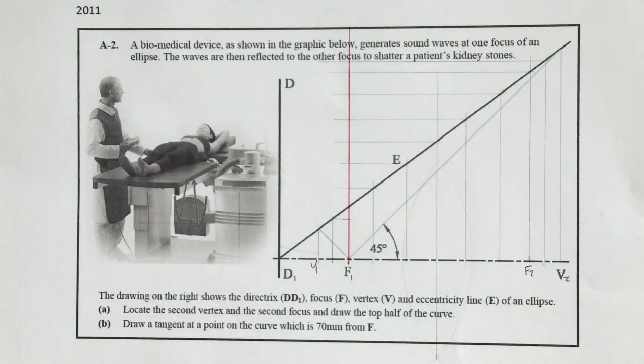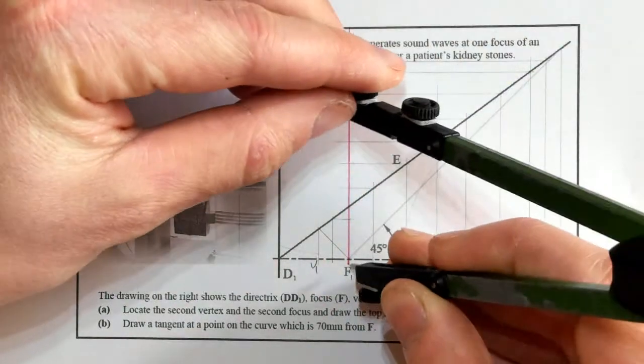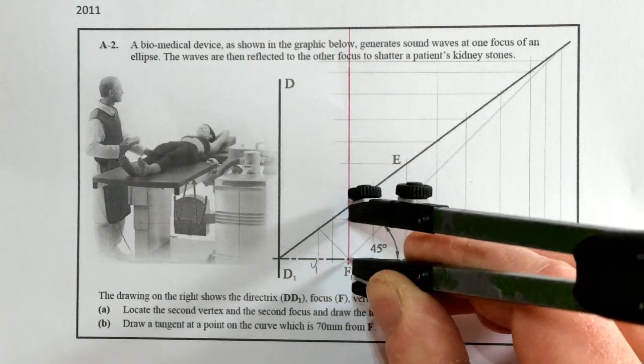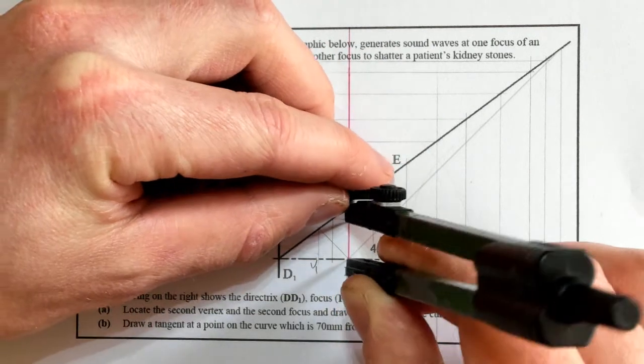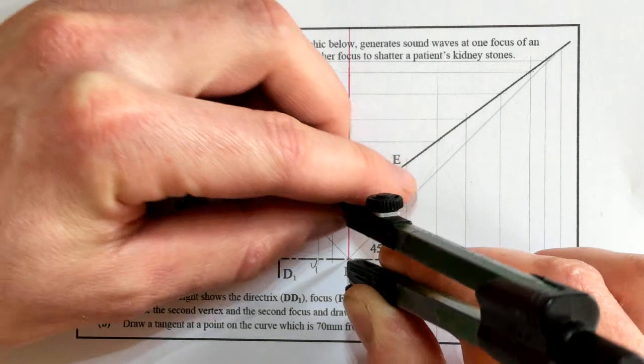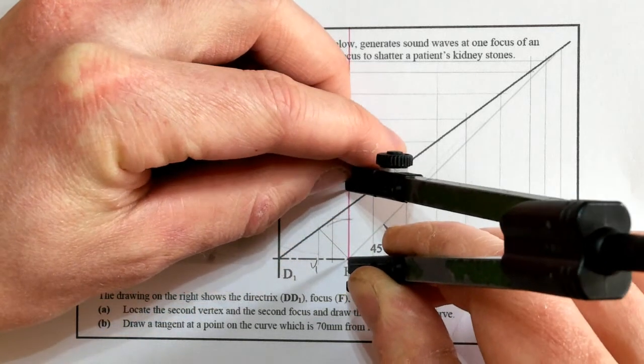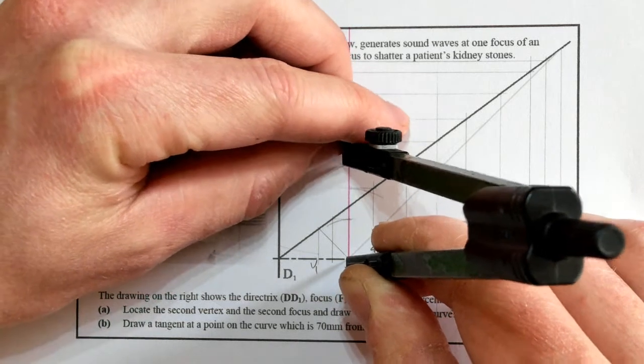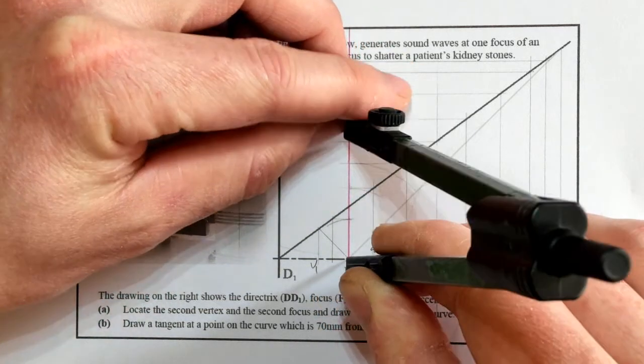Like so. And then with my compass, put it on F, and I'm going to start here at the bottom where my first horizontal line hits the latus rectum. I'm just swinging it down, and then the others, then I'm just swinging them off over to the right.